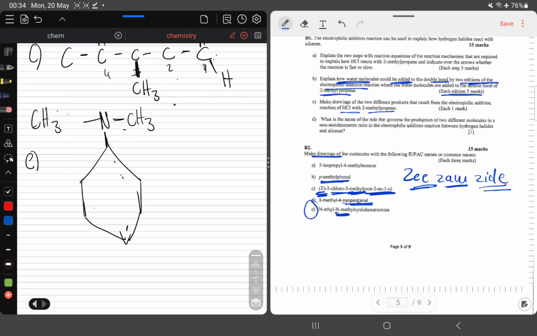We can just say CH3 CH2. And this is what we have for the N-ethyl, and then N-methyl, then cyclohexanamine. And that's it, and you are done.